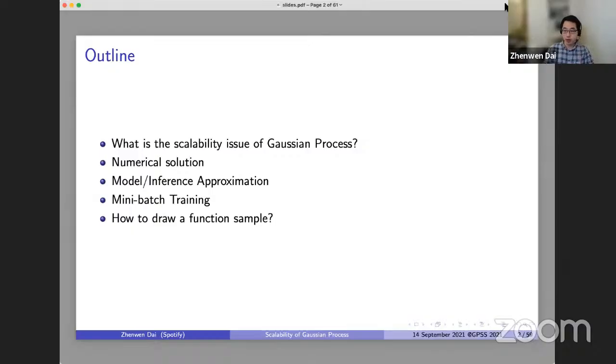And in the end, if we still have time, we may discuss how to efficiently approximate function samples from a Gaussian process, because there has been quite a lot of interest in using Gaussian process samples for downstream applications like Bayesian optimization, and that might become handy. So let's get started.